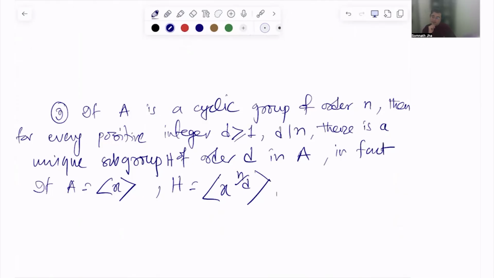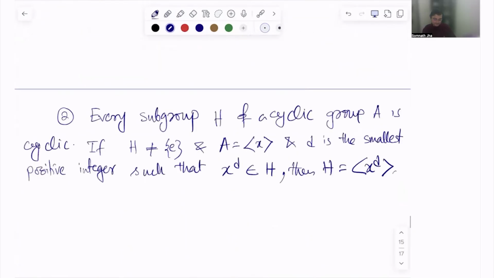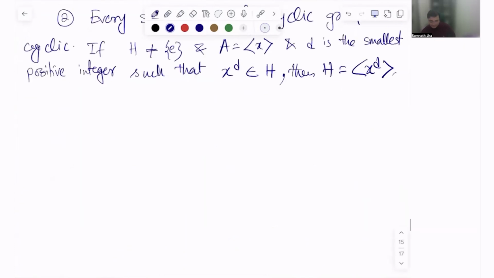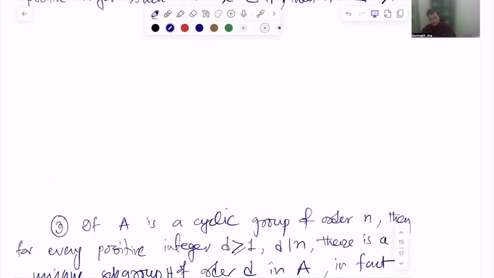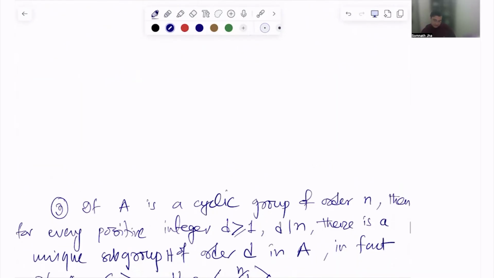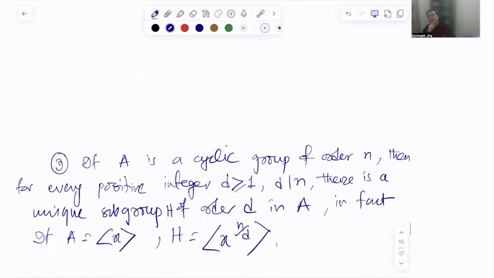Any infinite cyclic group is isomorphic to Z. Any finite cyclic group of order n is isomorphic to Z mod nZ. Every subgroup of a cyclic group is cyclic. And if you have a cyclic group of order n, for every divisor d of n, there is a unique subgroup of that cyclic group of order d.